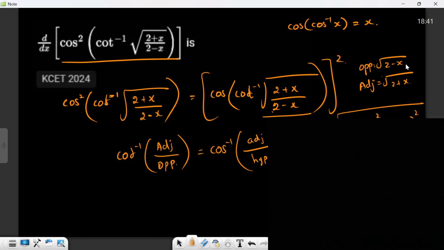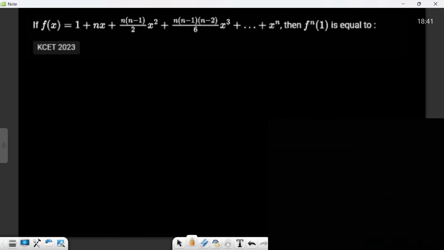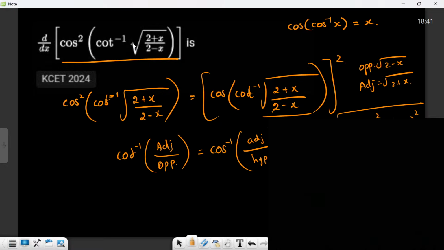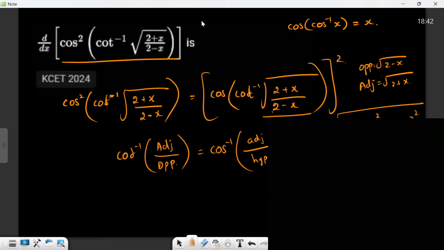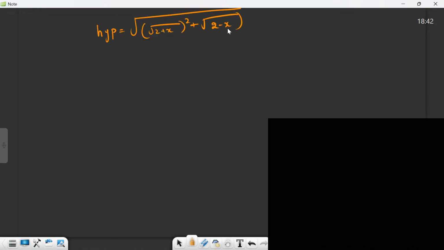So the hypotenuse is the square root of (root of 2 plus x) the whole square plus (root of 2 minus x) the whole square, which is root of 2 plus x plus 2 minus x, which equals root 4, that is nothing but 2. So the hypotenuse is 2.